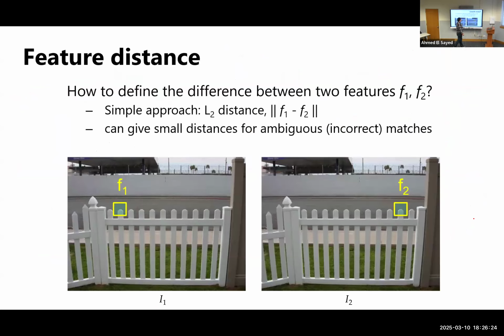Okay? So, assume we will use the L2 distance. We can keep it this simple. Again, L2 distance means Euclidean distance. Like square root, this minus this squared, this minus this squared, and so on.